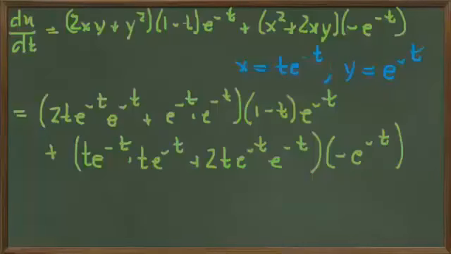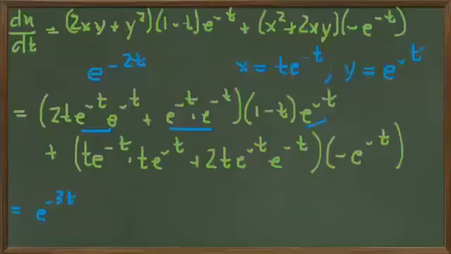And so let's note that in this first term, in this first parenthesis, we have e to the minus t times e to the minus t appearing here and here, so that is e to the minus 2t, and that is multiplied by e to the minus t. So that means we can factor from that term e to the minus 3t.